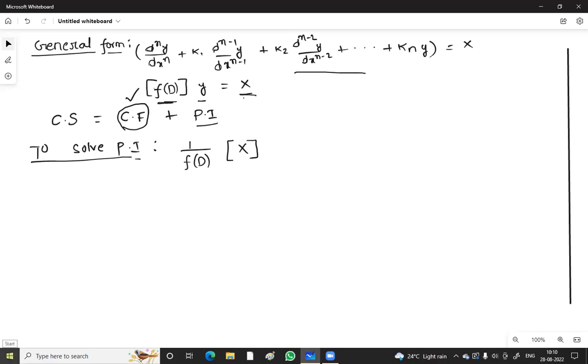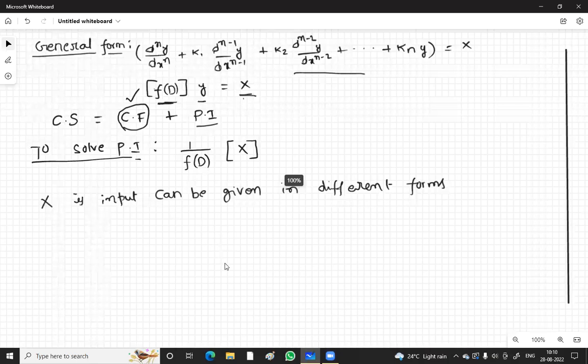Now, why will 5 cases come in this particular integral? Because X is the input, and it can be given in different forms. Based on that form, we will solve the particular integral.